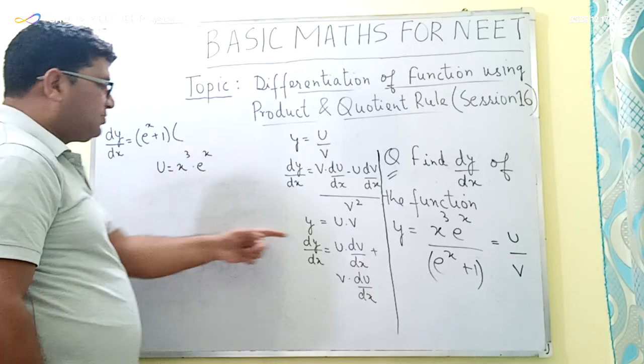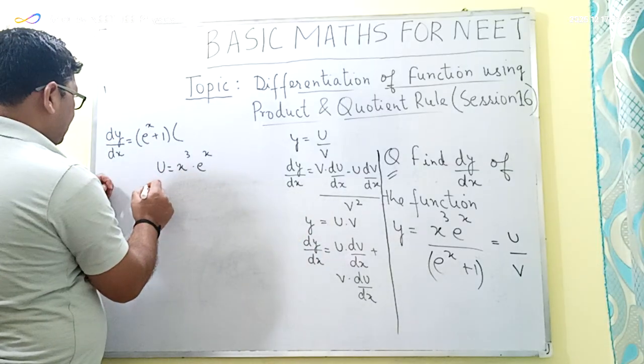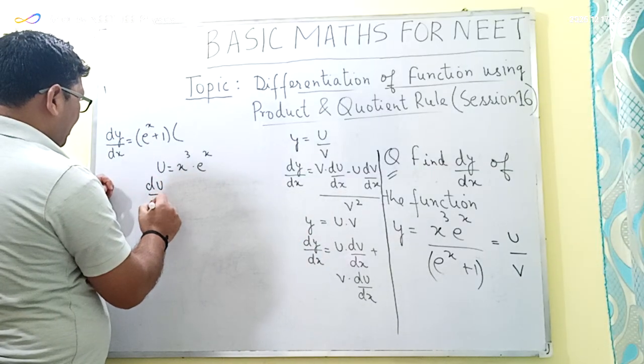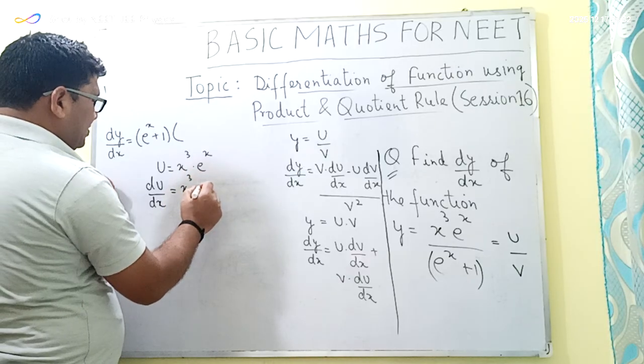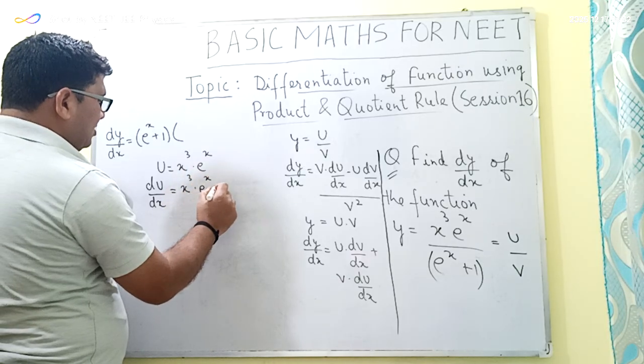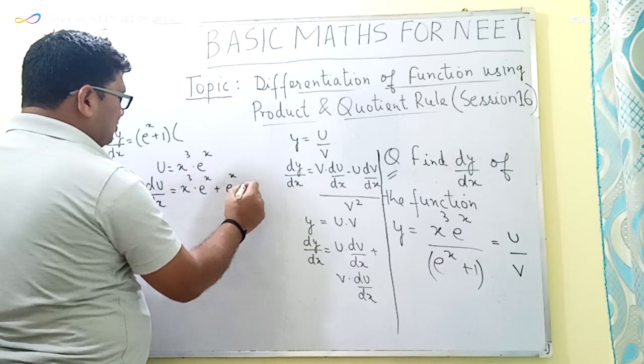Here now I will be using this product rule. By using the product rule, I will be getting du upon dx as x cube into the differentiation of e to the power x, which is e to the power x, plus e to the power x into the differentiation of x cube, which is equal to 3x square.